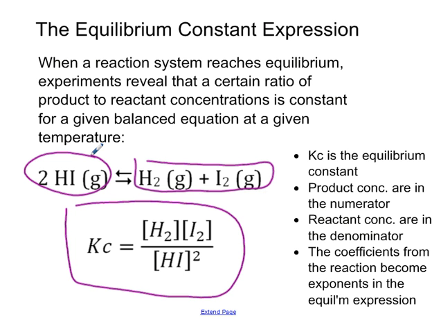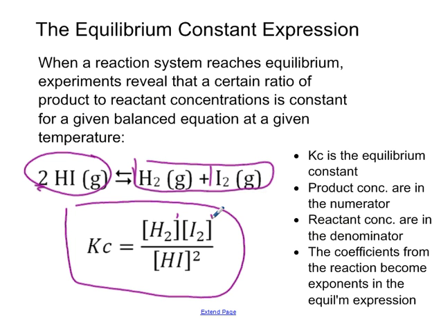Notice too that the coefficients in the balanced equation, 2 for HI and 1s for the H2 and the I2, become the exponents in the Kc expression. So the H2 concentration is to the power of 1, so is the I2 concentration. The HI concentration is squared because its coefficient was a 2.